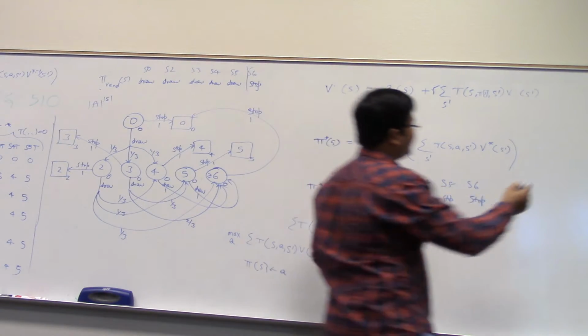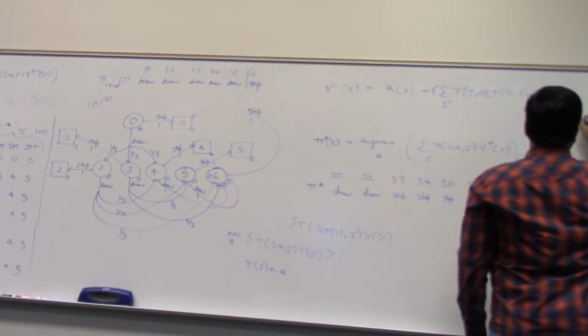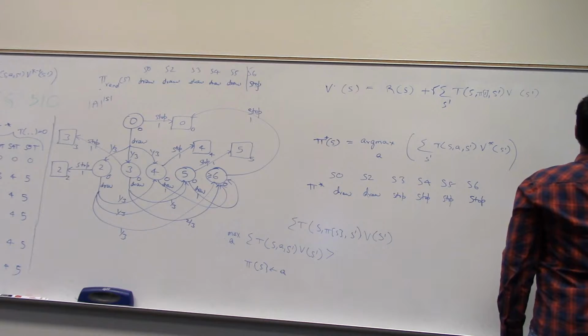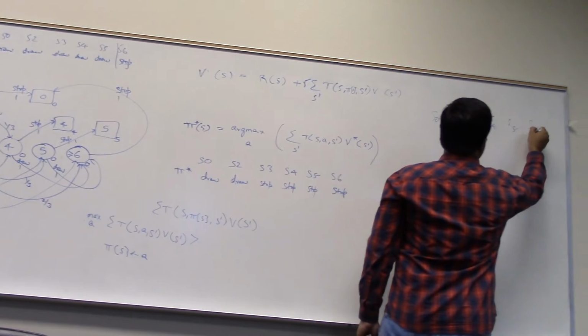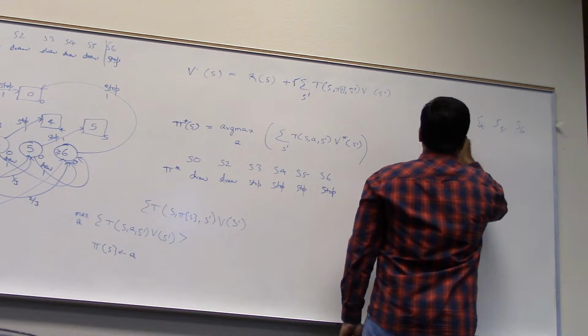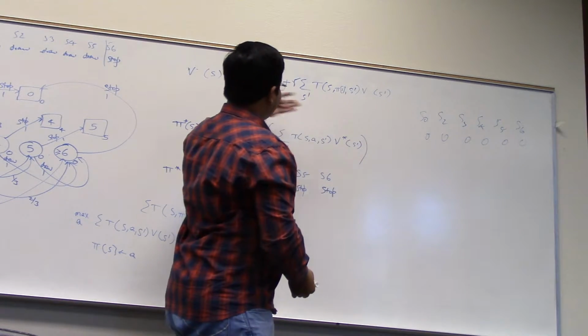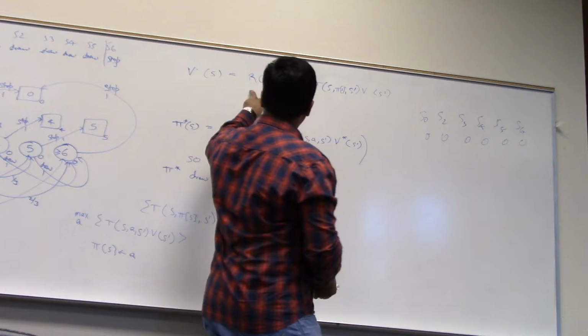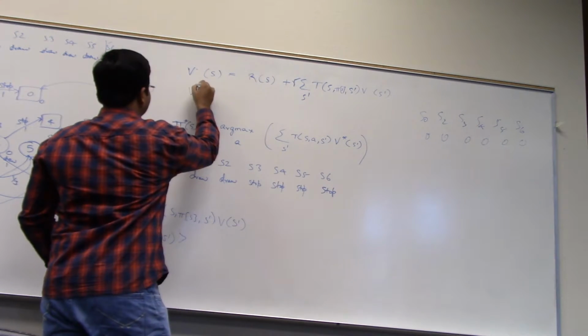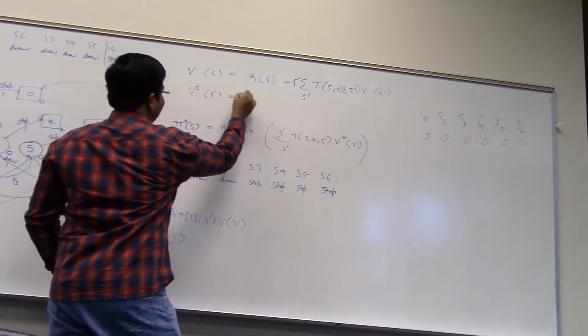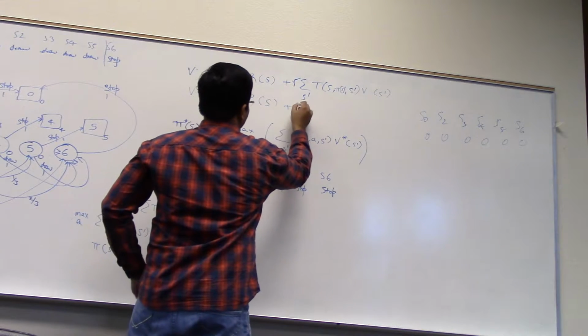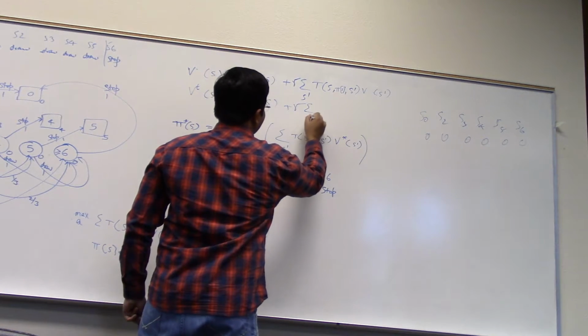So, initially assume that all Vs are 0. And keep updating. So if always a 0, then solving is done by doing this repeatedly.